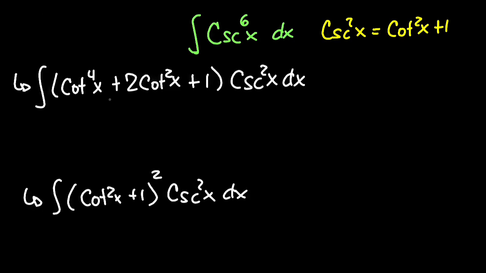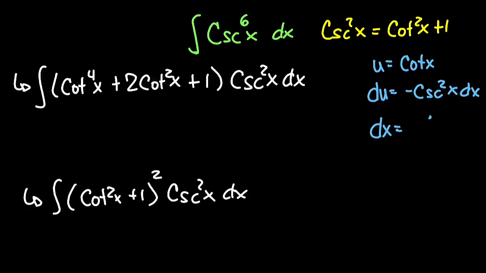And now, we can see here that we have a lot of cotangent, so we can actually use u substitution. Let u here be cotangent of x, and taking the derivative, it is equal to negative cosecant squared of x dx. Isolating dx, it would be equal to du over negative cosecant squared of x.